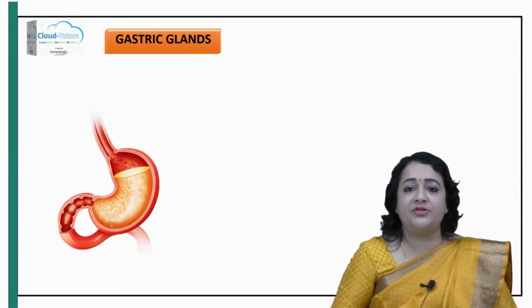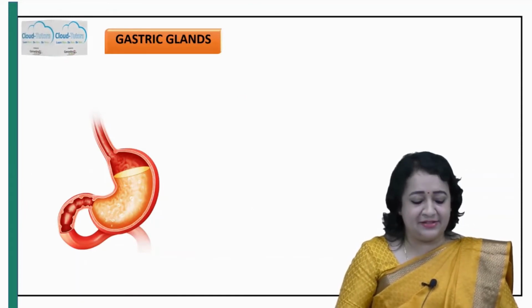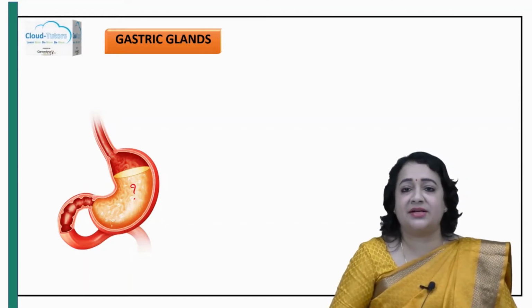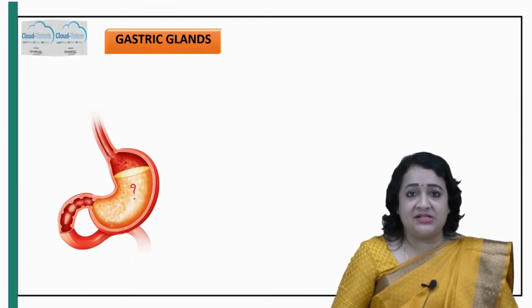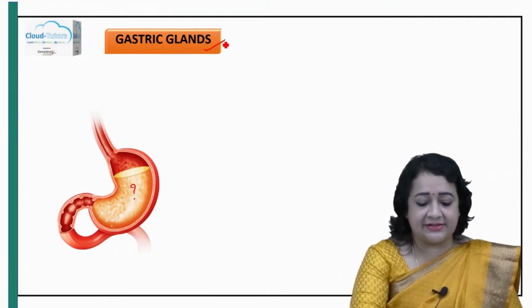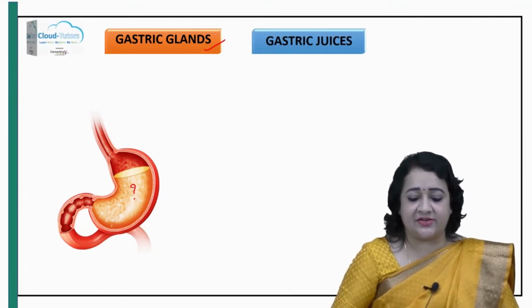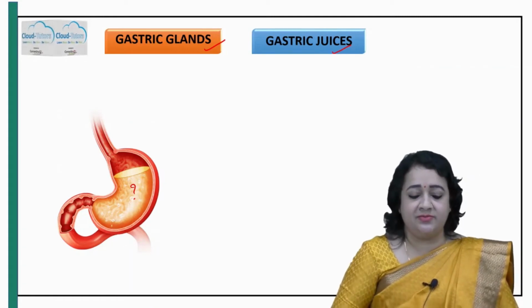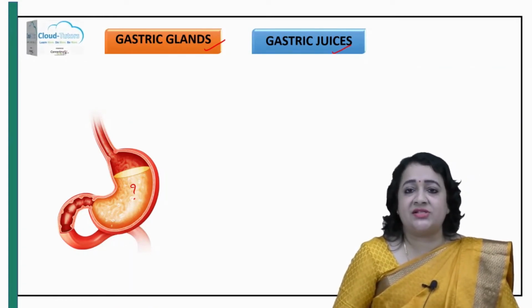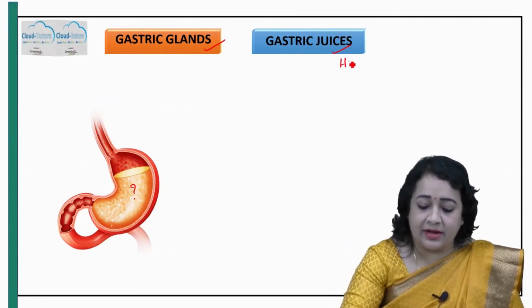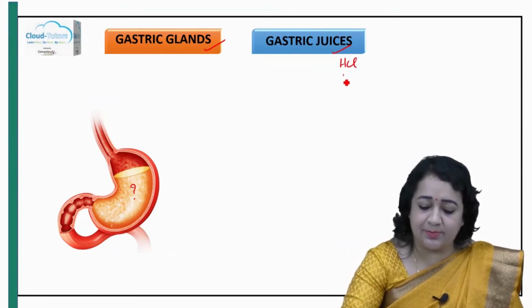Now, once the food enters the stomach, what happens in the stomach? Let's understand that. The stomach has gastric glands. Gastric glands secrete gastric juices. Now, what are these gastric juices? Gastric juices contain hydrochloric acid as well as pepsin.